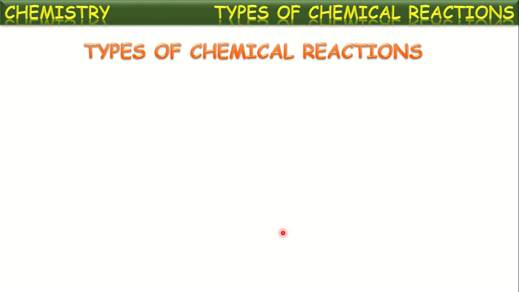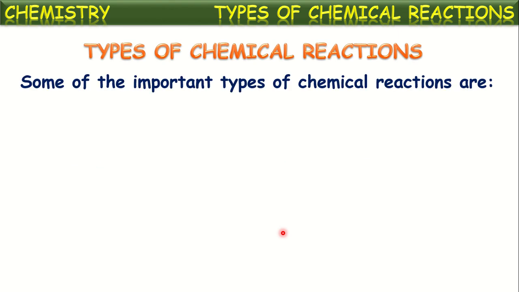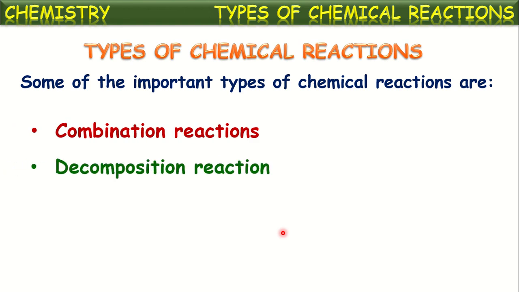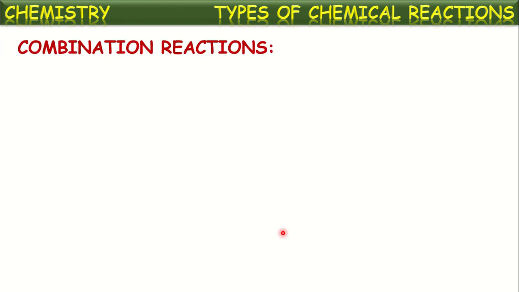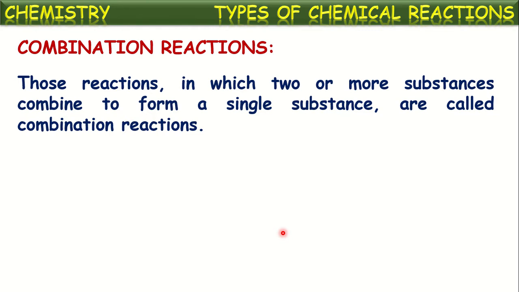Now let us see different types of chemical reactions. Here let us see some important types of chemical reactions. They are combination reactions, decomposition reactions, displacement reactions, and double displacement reactions. Let us talk about these one by one. First among those is combination reactions.